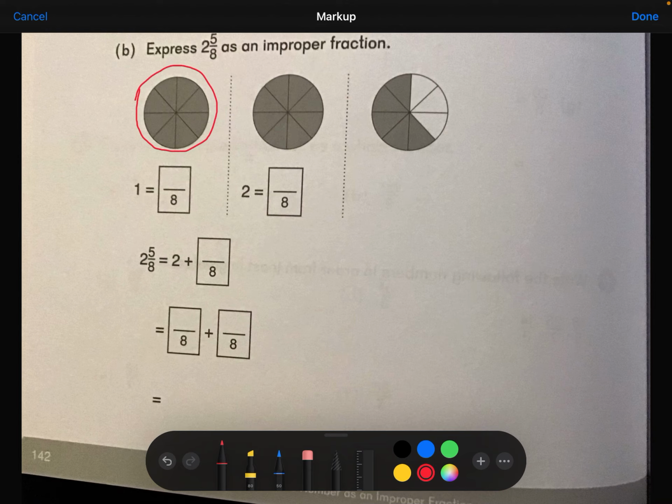The numerator represents the number of pieces that you currently have, and the denominator represents the number of pieces you need for a whole. So they're all shaded in here. We would simply count them, and there are 8. So that's one whole represented there. We're trying to express 2 and 5/8 as an improper fraction, so we can move on to the next part.